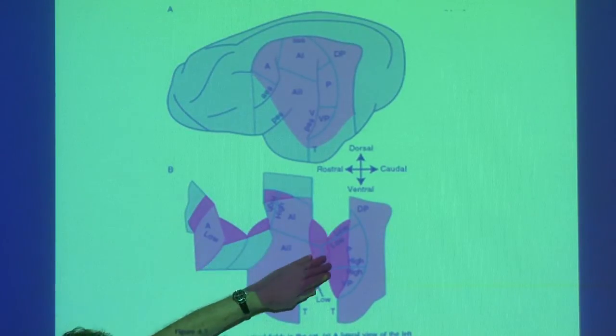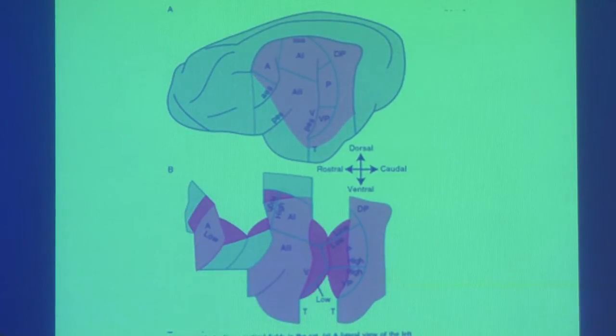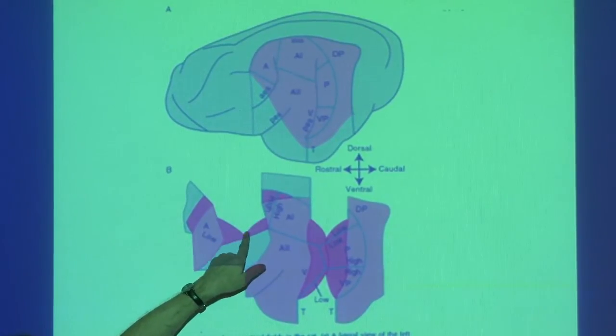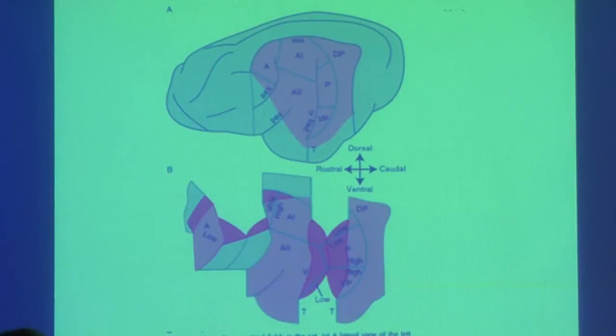And this is the cortex map pulled apart so you can see the parts of the cortex that's down in the sulcus. And those are the dark pink here. And in the rostral part of the auditory cortex, there's another anterior ectosylvian sulcus, and that's shown by the dark pink here. So much of A1 is on the surface, but a little bit of it dives down into a sulcus.